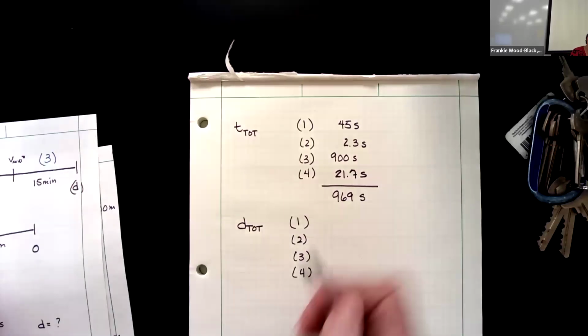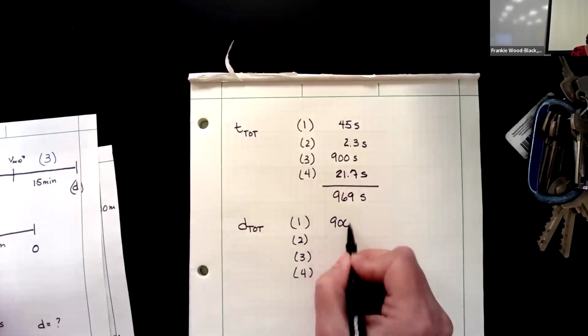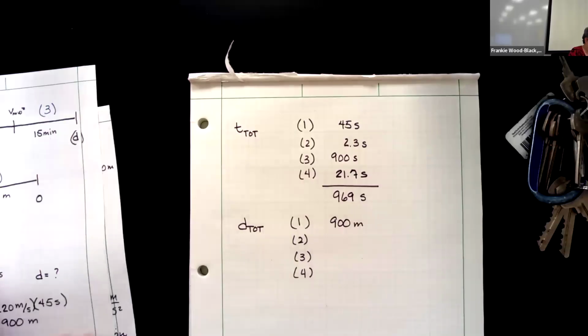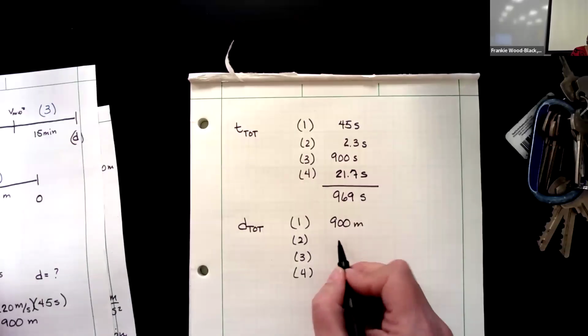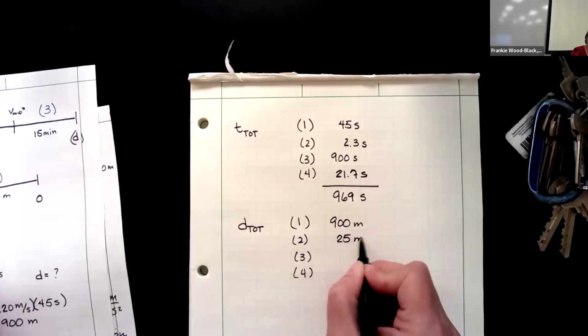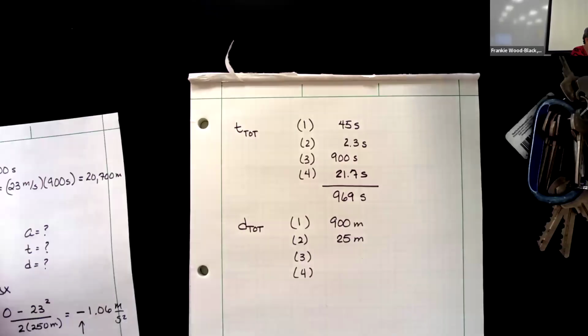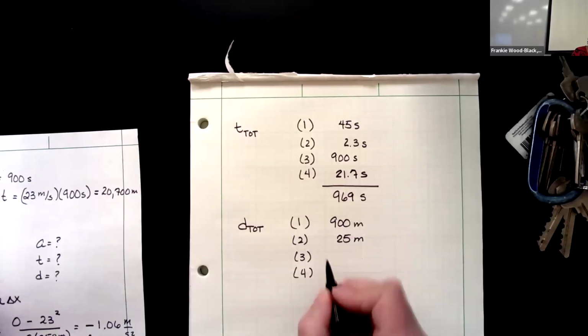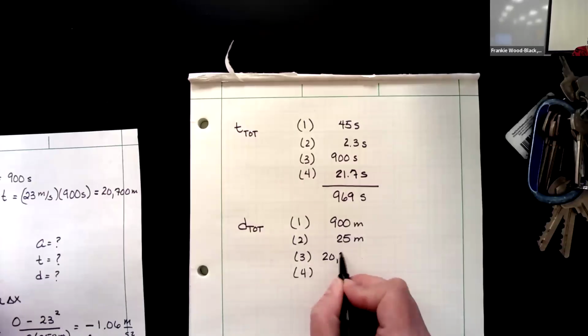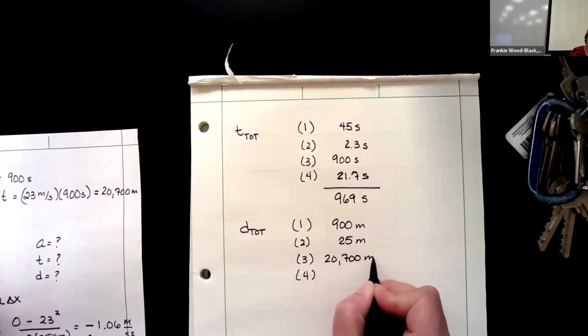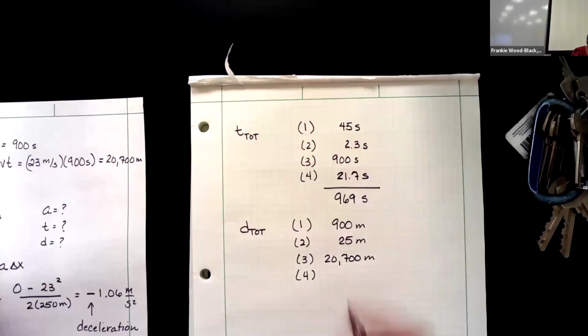The total distance, I've got to come up with it from 1 and 2 and 3 and 4. 1, we had to calculate it, and that was 900 meters. 2, we were given it, it was 25 meters. 3, we had to calculate it, and that was 20,700 meters. And 4, we were given it as 250 meters.